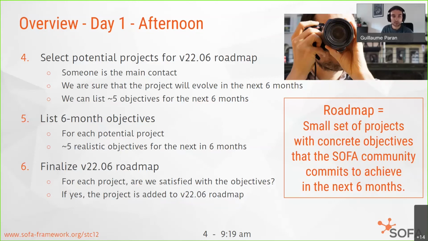And then we will come back together at the end of the day today and review what has been discussed in the breakout rooms and finalize the next roadmap by just saying if we are okay with the objectives that have been defined for each potential project. By the end of the day, I hope we will all agree on what is the 22.6 roadmap and what are the objectives for 22.6.